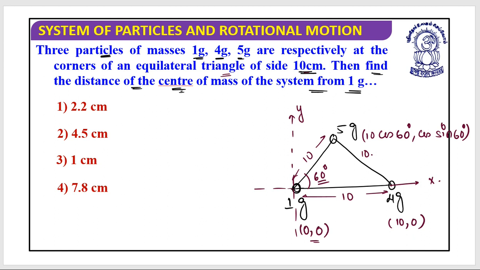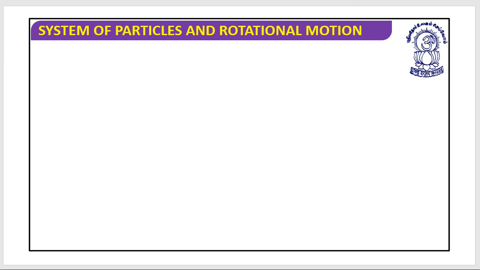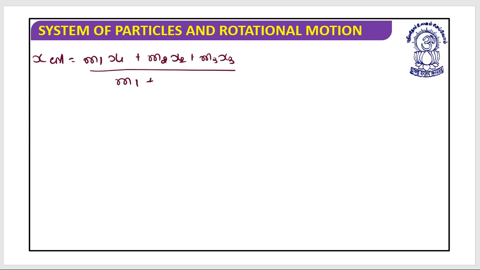Is it clear? So if you know this, I can have the xcm and ycm. So my xcm would be written as m1x1 plus m2x2 plus m3x3 divided by m1 plus m2 plus m3. So m1 was 1 gram multiplied by 0 plus m2 was 4 gram multiplied by 10 plus m3 was 5 gram multiplied by 10 cos 60.